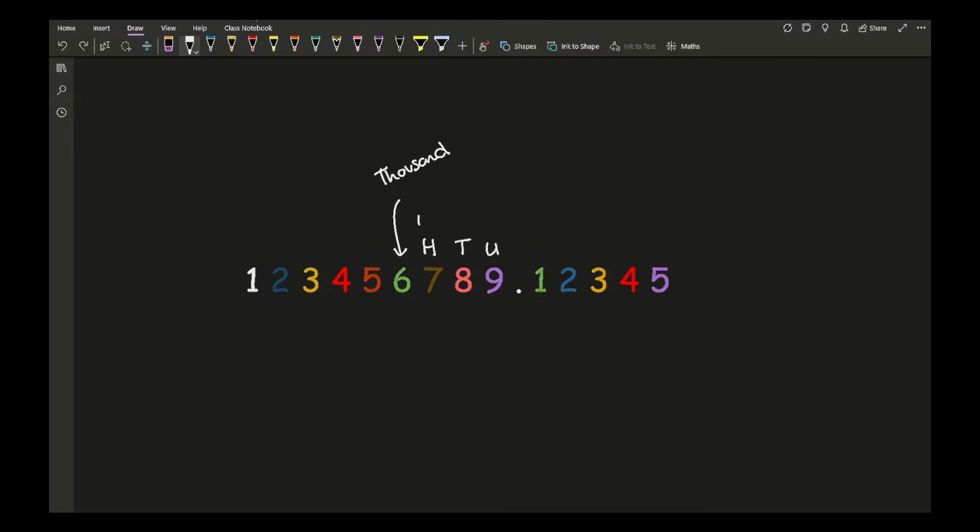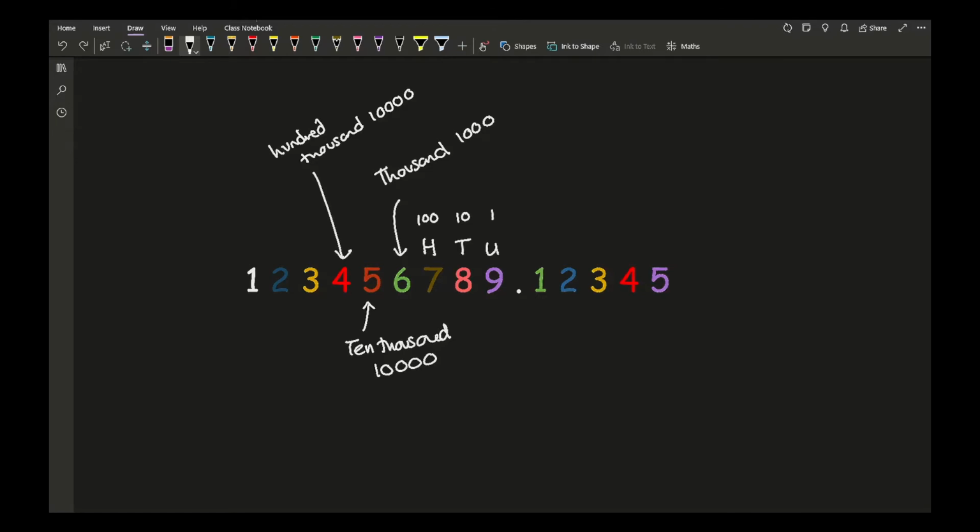And if we just symbolize these in terms of powers of 10, the 5 represents 10,000, which has got 4 zeros. The 4 represents 100,000, which has got 5 zeros.